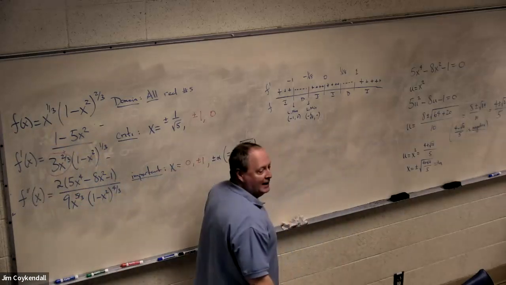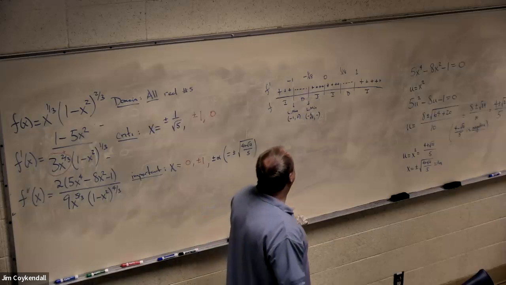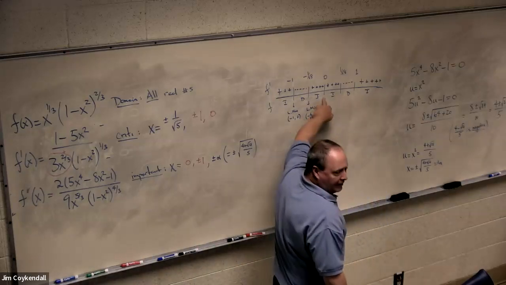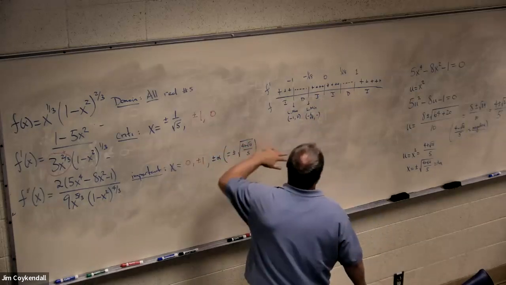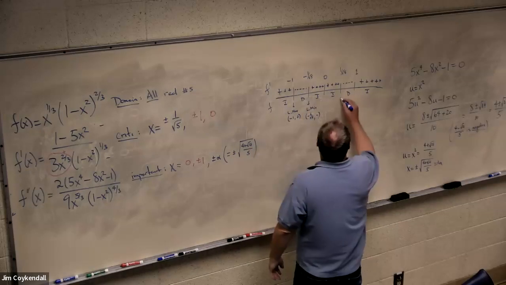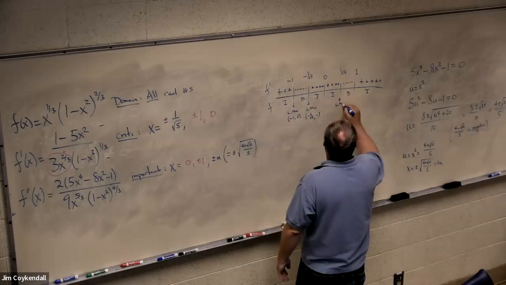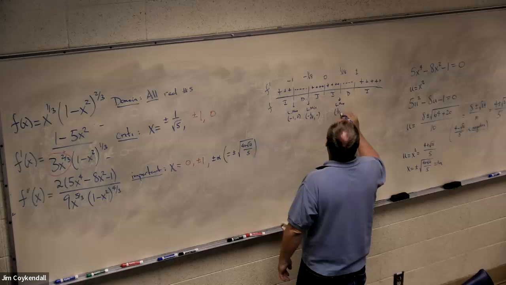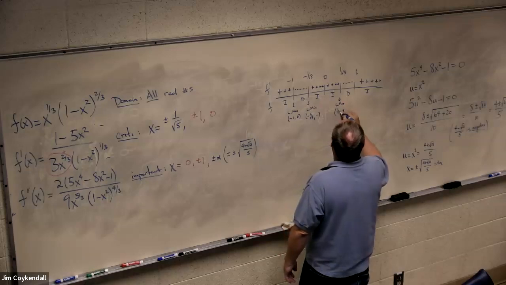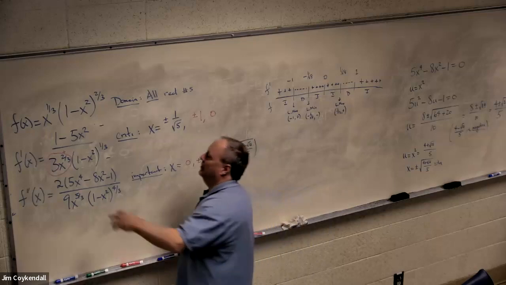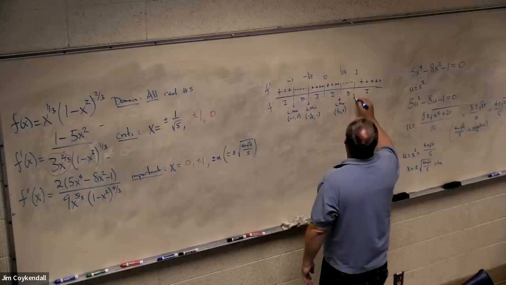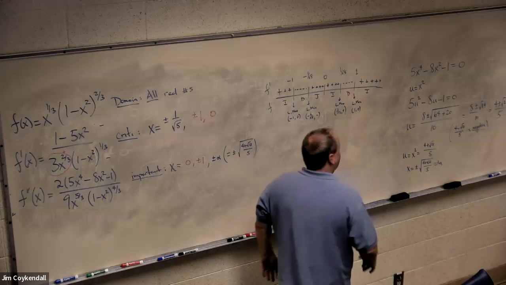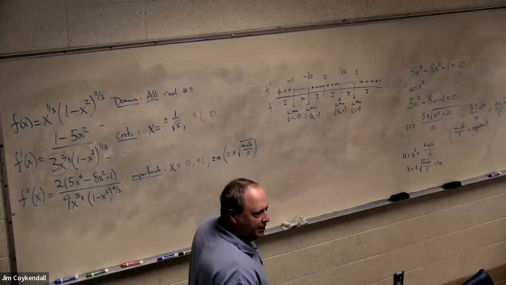We'll see how accurate I need to get it. 0 is a local nothing, right? You get to 0, but it's not extreme. This should be a local max at 1 over radical 5, and now positive. And this should be a local min at 1, 0. So there's lots of extreme action there.